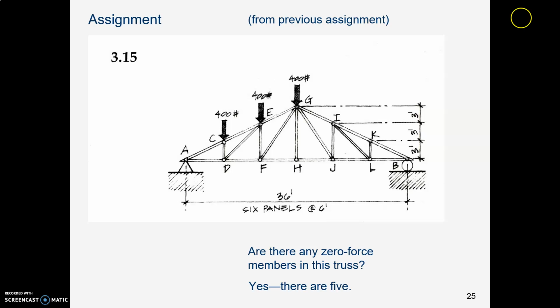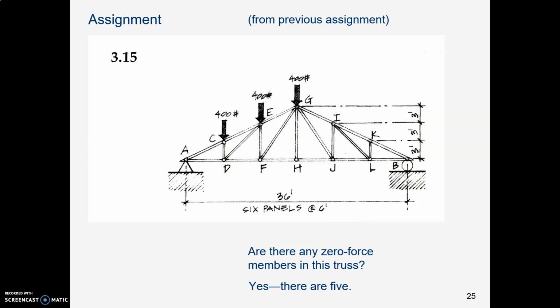So find a place in this truss where you've got, what's the rule? You've got only 3 forces in a joint, and 2 of them are in a line. Can you find a joint like that? I'll bet you can. That third one will be 0. And then will it affect its next door neighbor?